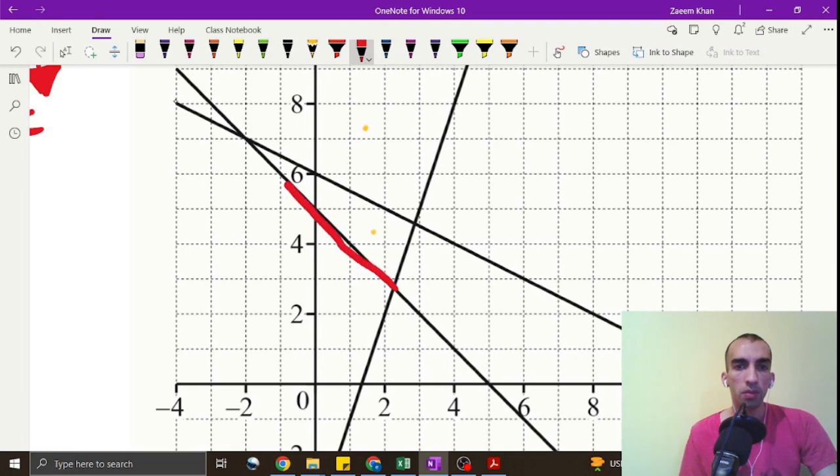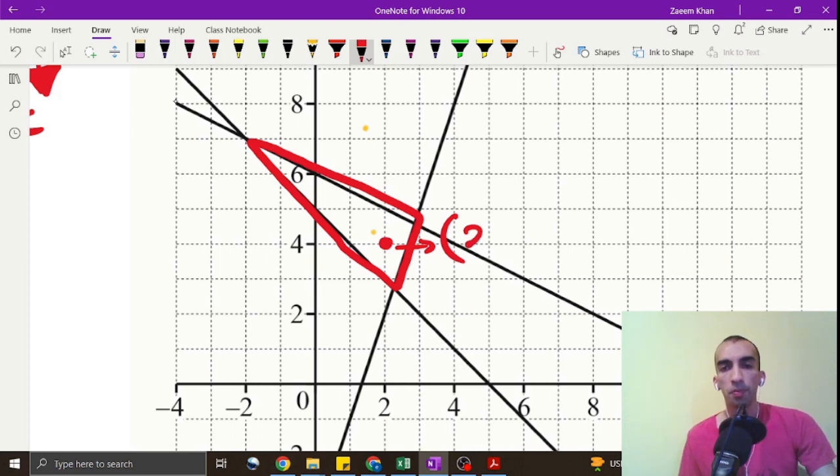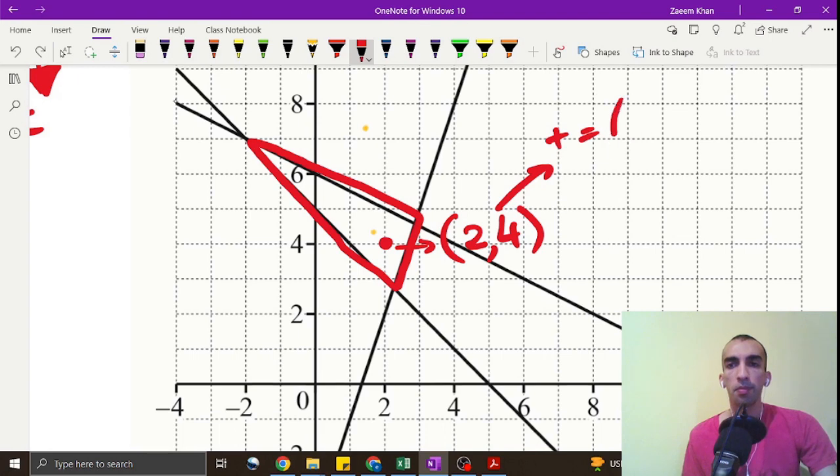So this is the region R. Let's say if I were to take this point, what's the x coordinate over here? It's 2. Right? What's the y coordinate over here? 4. If I add them together, what's the answer? 6.